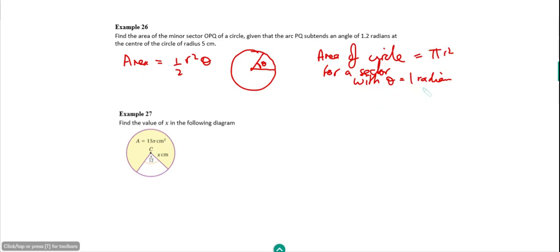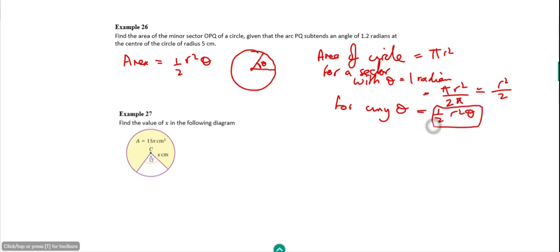So the area for a sector with the angle being 1 radian would be pi r squared divided by 2 pi, which would give us, pi's cancelling, r squared over 2. And then for any angle theta now, not just 1 radian, we just multiply this by theta. And so we get the formula we've got on the left there, half r squared theta. So that's where the formula comes from for the area of a sector.